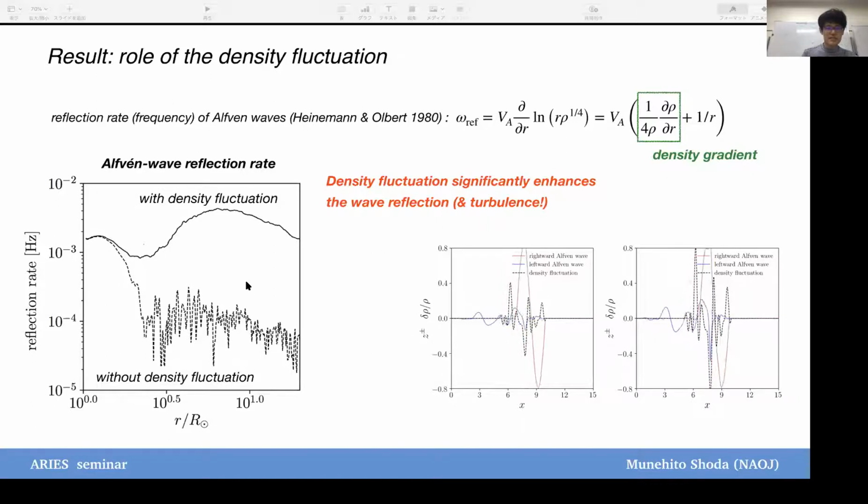And actually, the density fluctuation is the most important driver of the Alfvén wave reflection. Because the turbulence is driven by the reflection and the collision of two bidirectional waves, it means that the density fluctuation is a driver of turbulence, the effect of which is ignored in the literature.